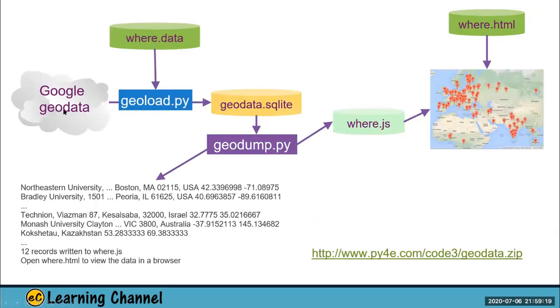Basically, with Google data, we use geoload, and then we put them into a database. Then we have geodump.py, and then we write it to a JSON file. We call it where.js, and where.html will open the where.js file.